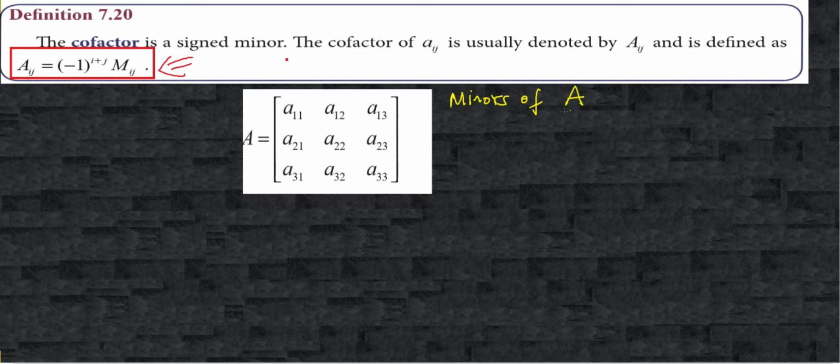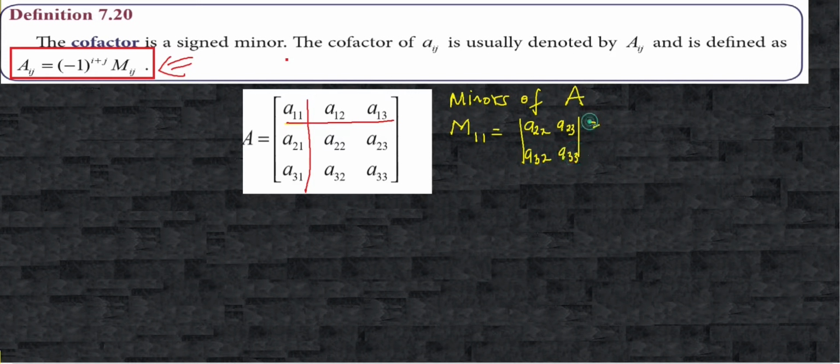The representation for the minor of A11 is going to be M11. What you need to do is find all the elements that don't fall along the row of A11 and along the column of A11. That excludes those elements, leaving us with A22, A23, A32 and A33.